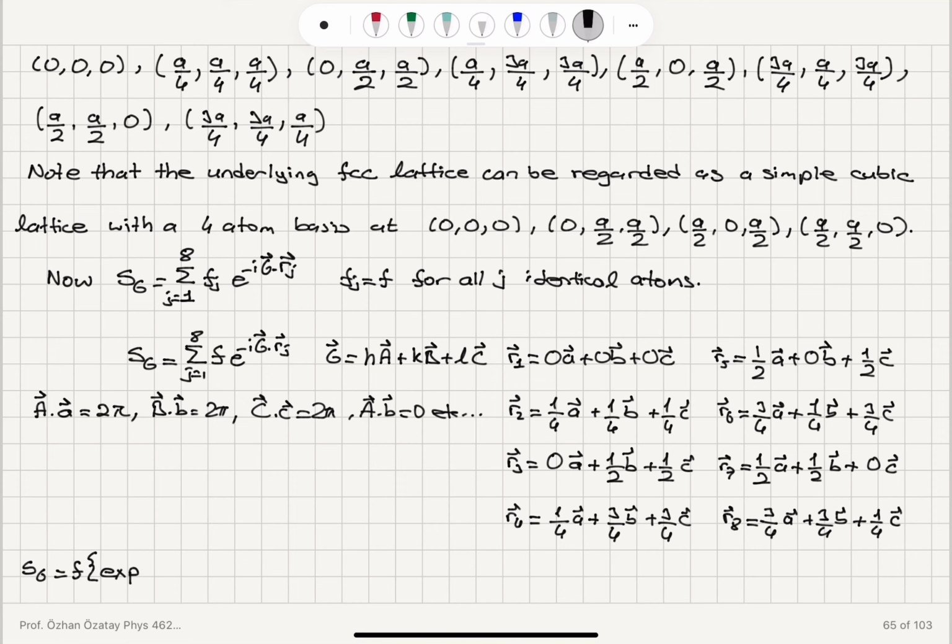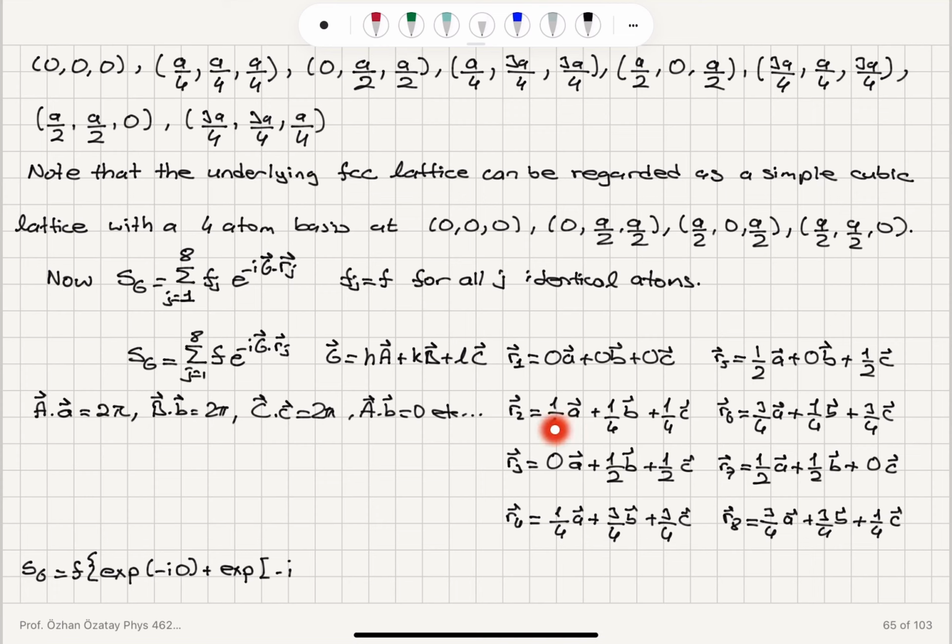So for the first atom, since the position vector is 0a plus 0b plus 0c, we have exponential minus i times 0. The second term, exponential minus i, the second atom is here, 1/4, 1/4, 1/4.